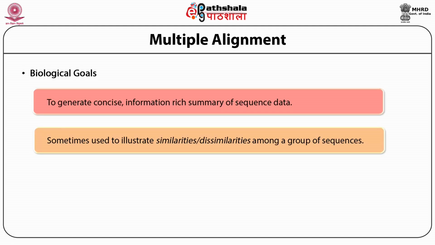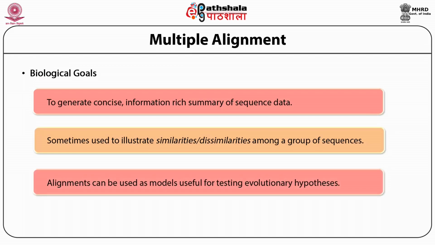This can be used to illustrate similarities and differences among a group of sequences and by extension a group of organisms. Alignments are often used, in fact, as models for testing different evolutionary hypotheses, and so on.